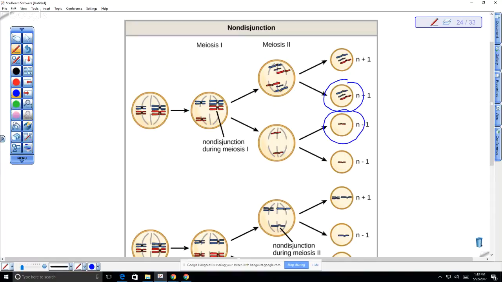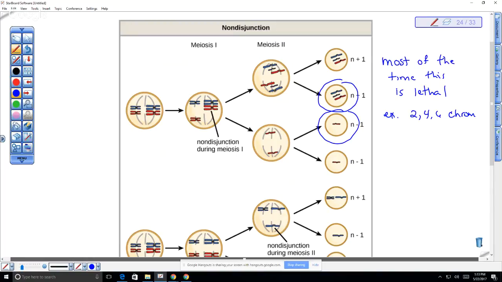Now, most of the time, this non-disjunction is lethal, right? So if, for example, you got an extra 2nd or 4th or 6th chromosome, you would not be able to survive that.